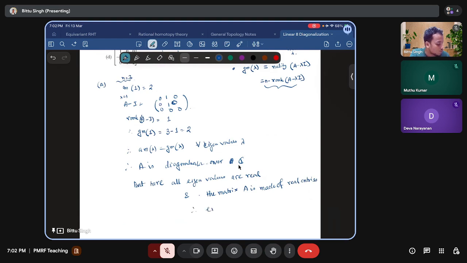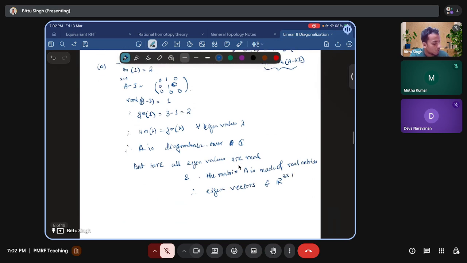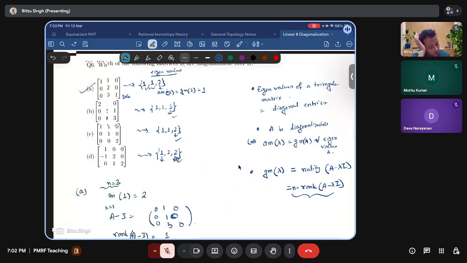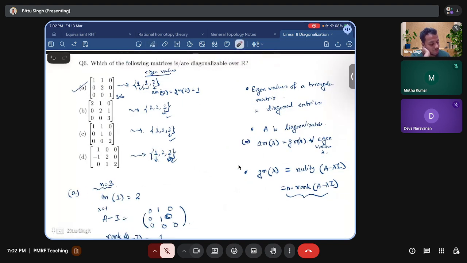Therefore, eigenvectors are also real. So now eigenvectors and eigenvalues both are real. Therefore, A is diagonalizable over the reals. Okay. So A is correct. Now what happens for the next option?